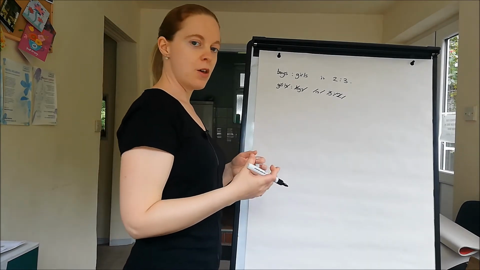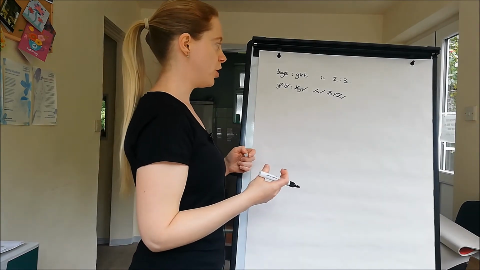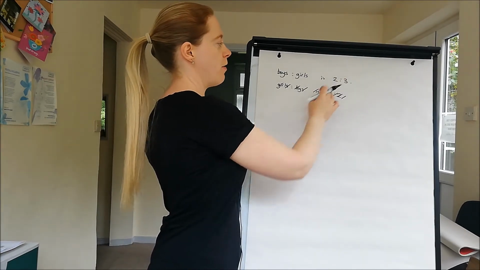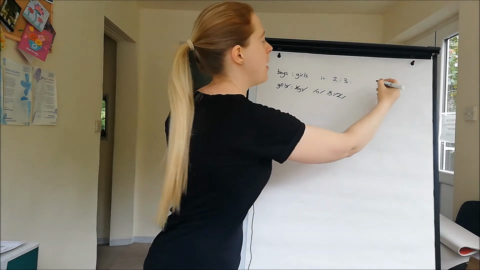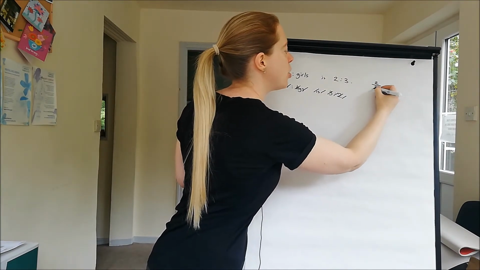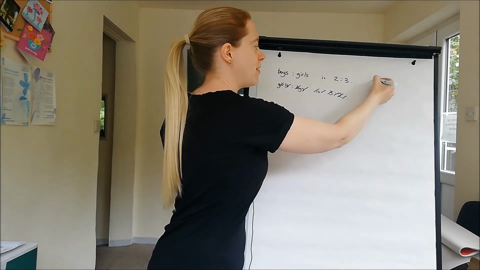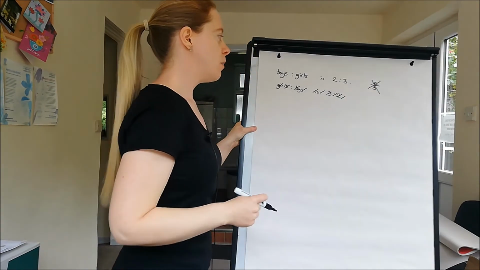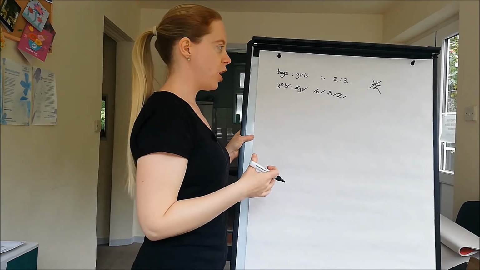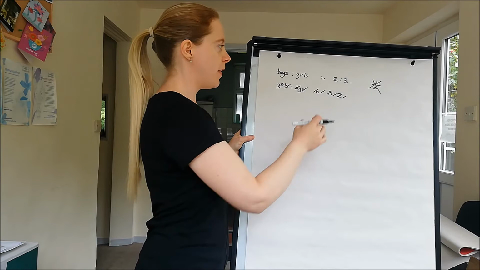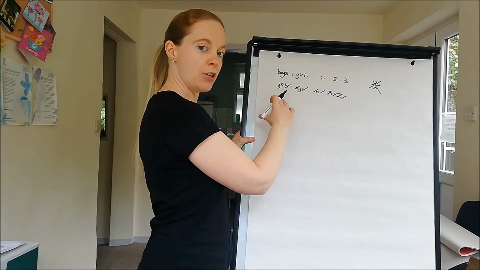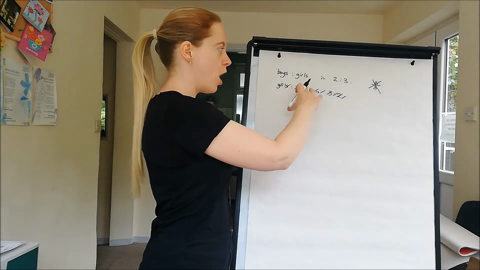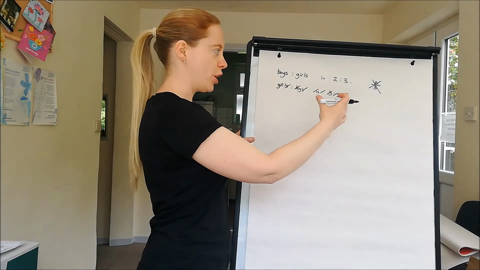Now, the mistake that people make in those questions, if boys and girls are in the ratio 2 to 3 and they're asked what fraction are boys, people say, oh, well, it must be 2/3, and that's not correct. Because if we remember that ratio is all about parts, then a ratio of 2 to 3 means that 2 parts of a group are boys and 3 parts of a group are girls.